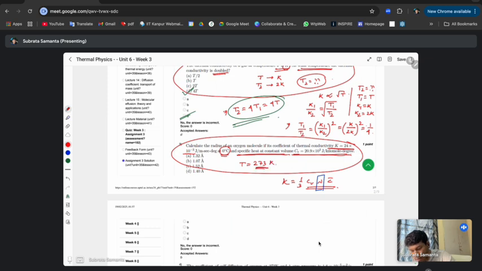The specific heat at constant volume, small cv, is 20.9 times 10 to the power 3. Now the unit is important: joule per kilomole degree, and for kappa joule per meter second degree. I just copy these two.